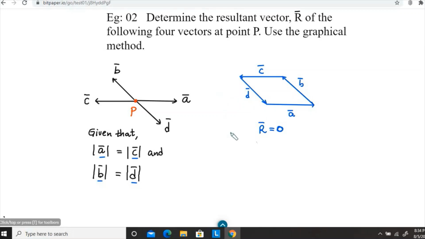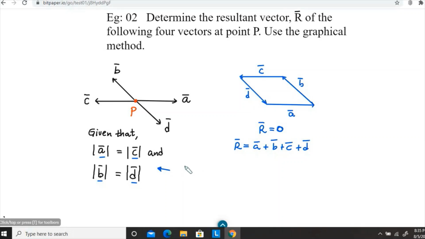So we can show this mathematically. Again, what I'm going to do is write down the vector sum, including all vectors: vector A plus vector B plus vector C plus vector D. However, if you look at this information, you can see vector A and vector C have the same magnitude, and from the drawing here, vector A and vector C are opposite to one another.